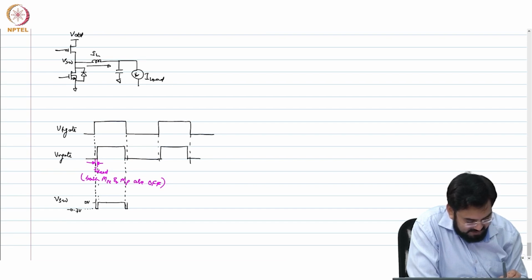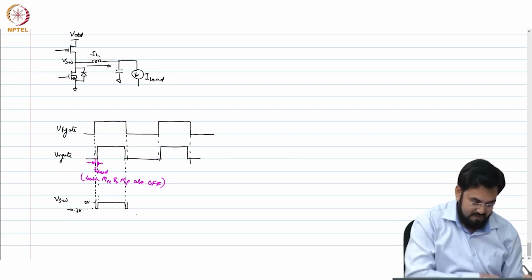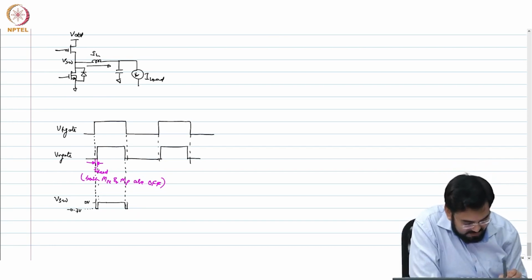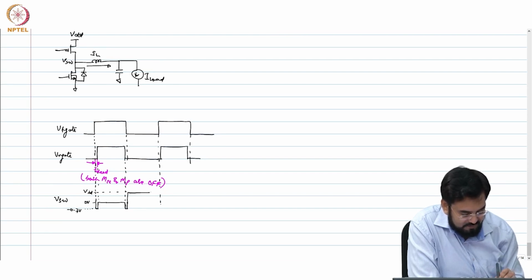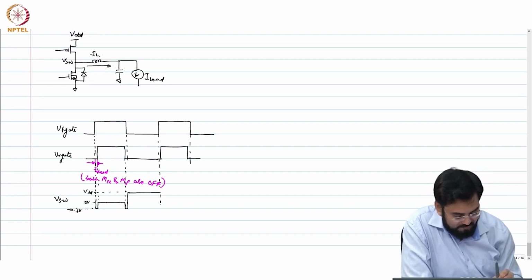Now what is happening after this? Which device is turning on? PMOS is turning on, so it should go to VDD. Correct? Then same thing.